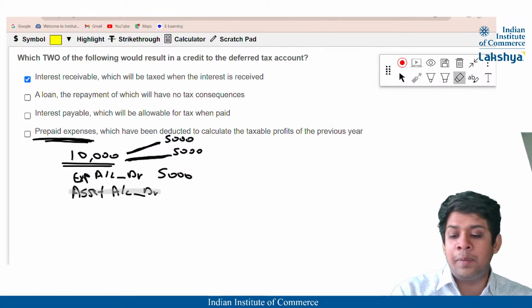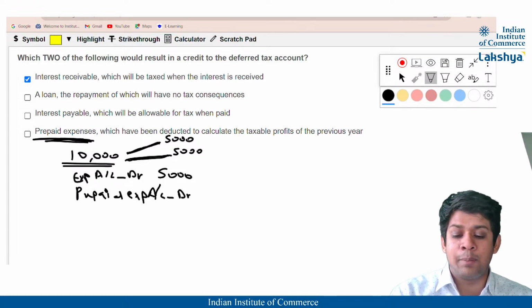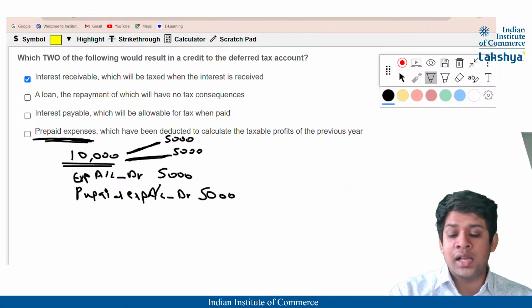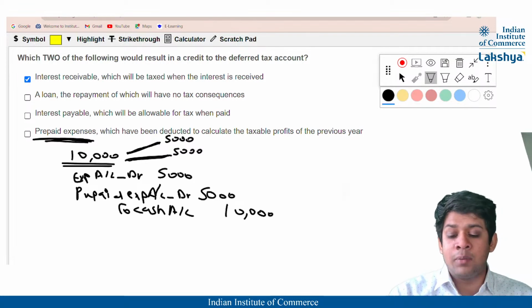I'll just write directly prepaid expenses. Prepaid expenses are an asset to me because I've already paid for it, but I will still receive the benefits. The employee will serve me for the second year for it, right? So I will state it as an asset, and two, cash is going to go out of the business, right? Because I paid him already 10,000. This is the journal entry that I will pass.